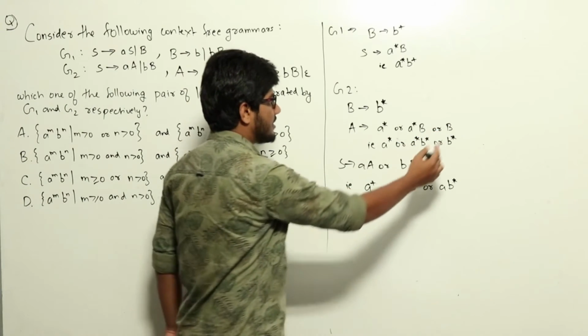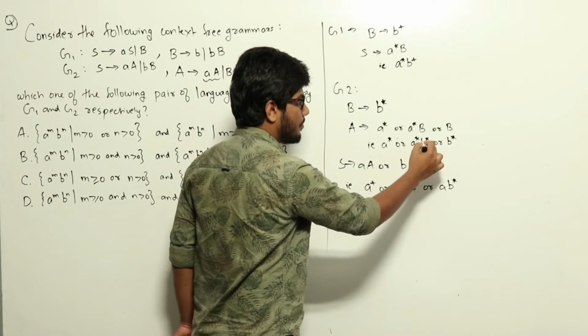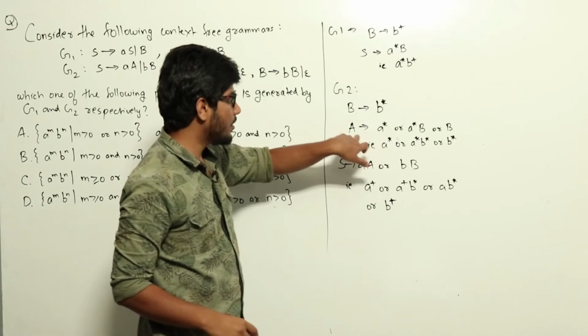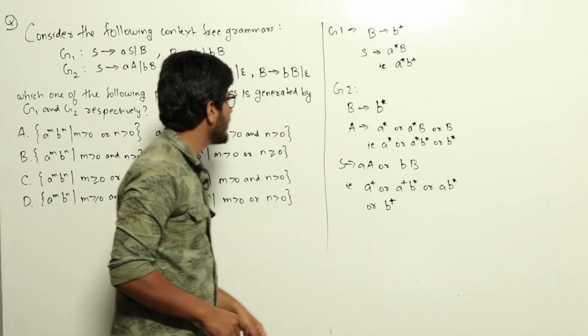After resolving B's, A gives a star or a star b star or b star. Now A will be giving this a star or a star b star or b star.